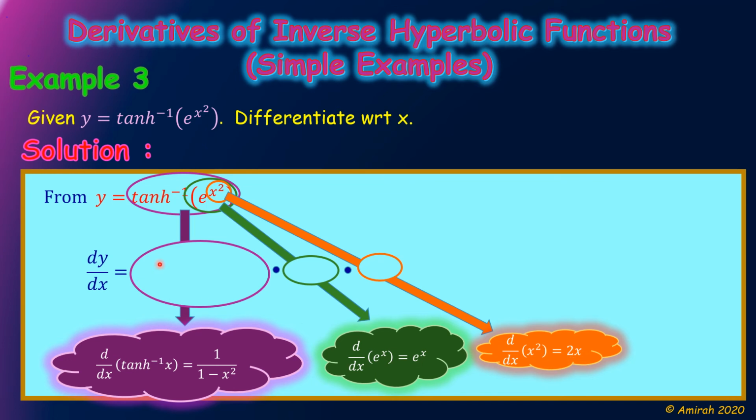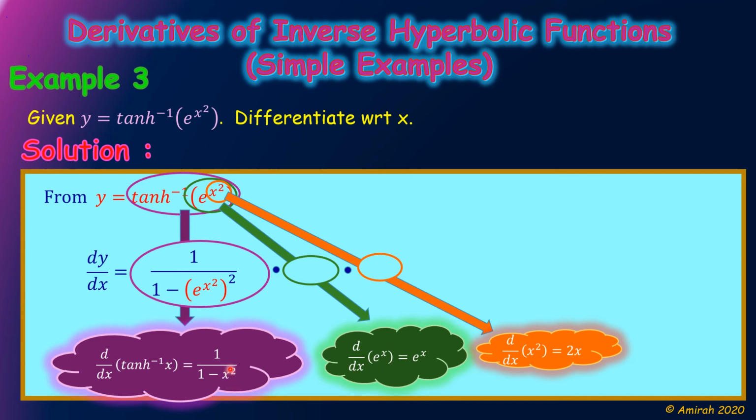After that, we put the correct function inside these three circles. For the first circle, we have the derivative of inverse tan. We refer to the derivative of inverse tan of single x, so we just replace x by e to the power of x squared.